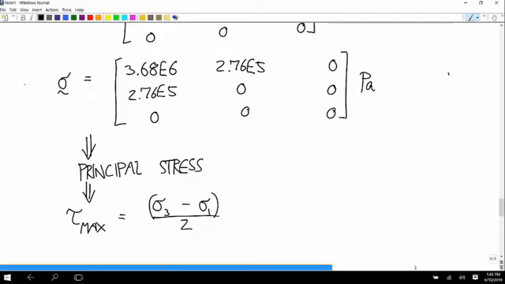Yes? To find where it would fail for that material? No, it's not dependent on the stiffness matrix. It's dependent on other stuff. So you could have two materials with the same stiffness matrix, but one you can deform permanently.